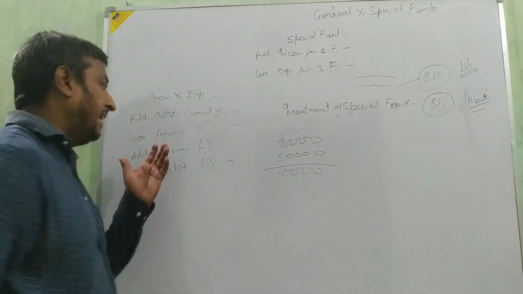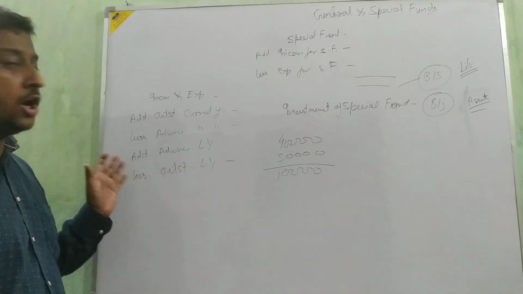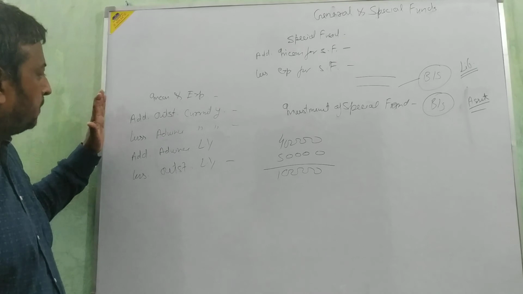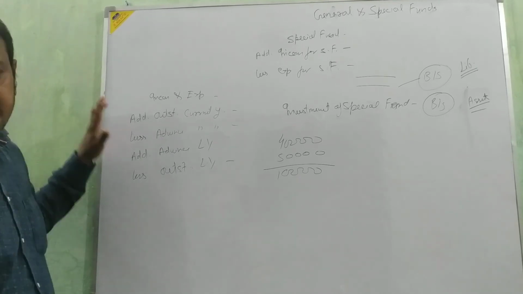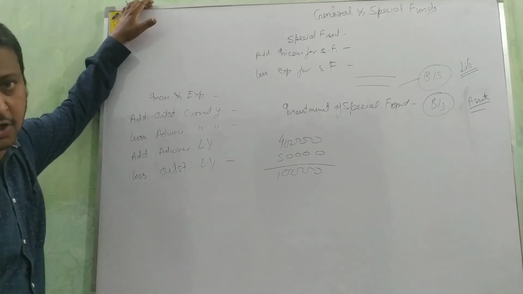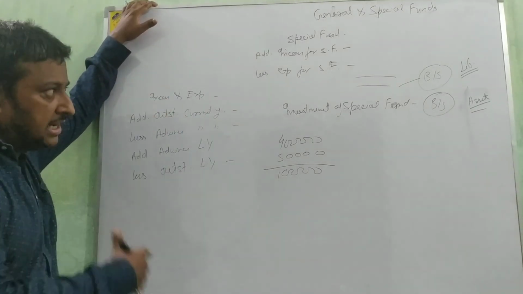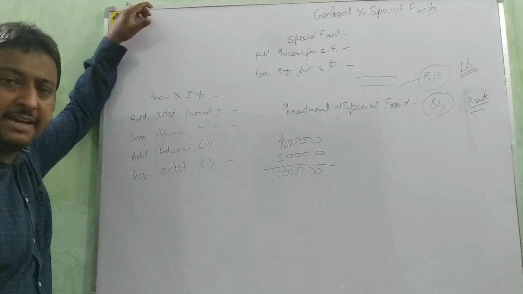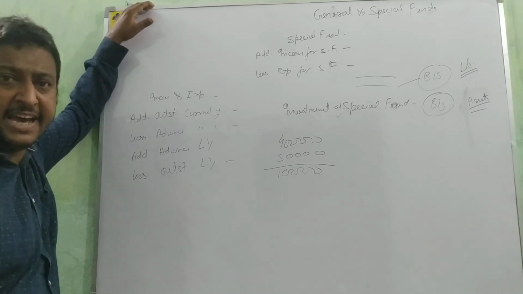Okay beta, by this we are going to present all the income or expenditure in this income and expenditure account. Okay, by using all these things we can easily make the income and expenditure account. Okay, thank you.